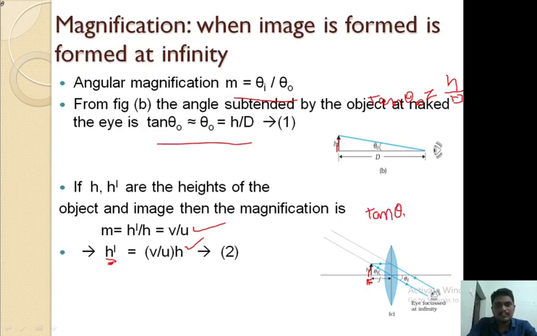Tan theta I equals the height of the image h dash by v. Where did we get the image? At infinity. We don't know h dash, the height of the image, and we don't know the position of the image v. So we have to replace h dash and v with other terms. That is why, in the first case, I replaced h dash with v by u into h.